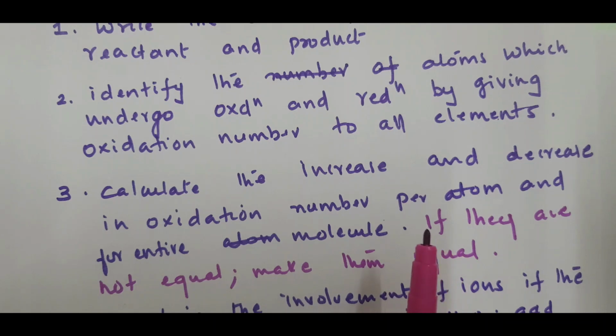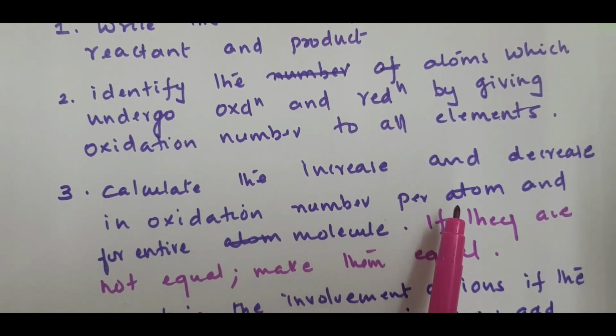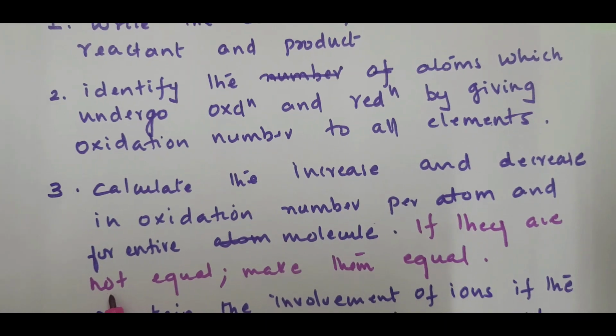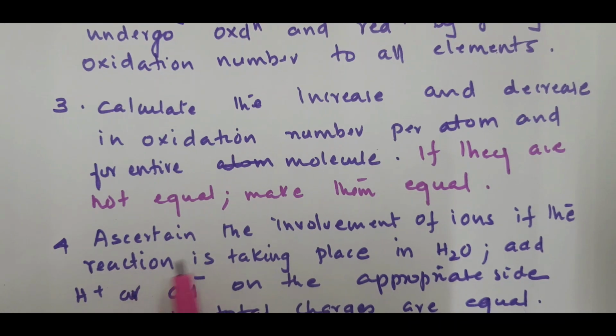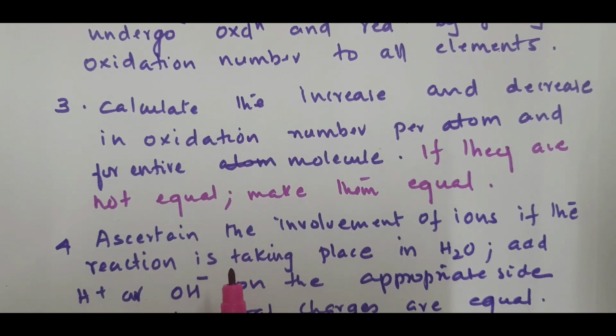If it is +8 to +6, then there is a decrease of -2. Now if they are not equal, make them equal, by cross multiplying. We will see that in each step.